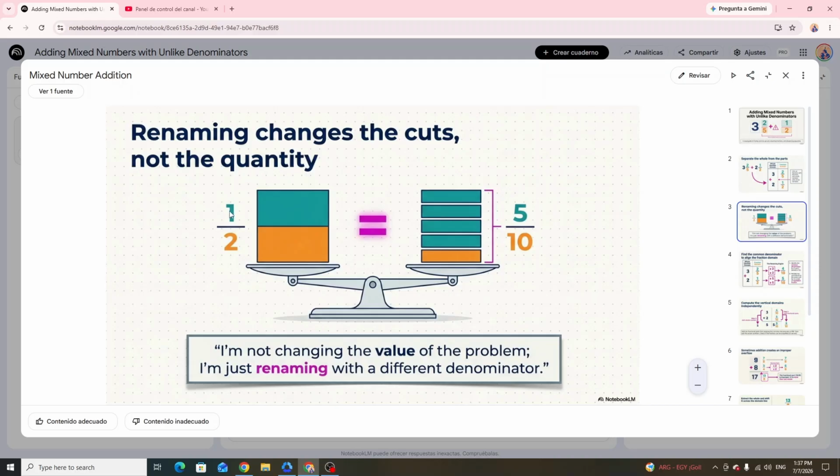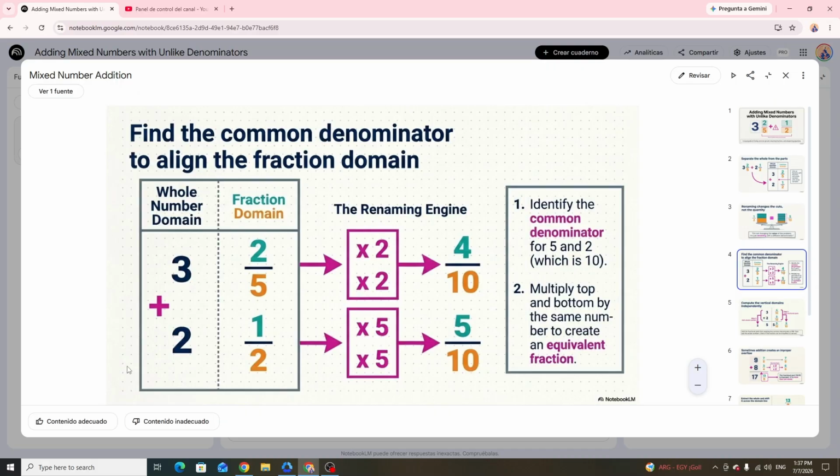If I multiply the number 1 by 5, it gives me 5, and if I multiply number 2 by 5, it gives me 10. So basically 1/2 is the same as 5/10. Okay, let's go to the next slide. Now you see I multiplied the 2/5 by 2 and it gives me 4/10, and I multiplied 1/2 by 5 and it gives me 5/10.